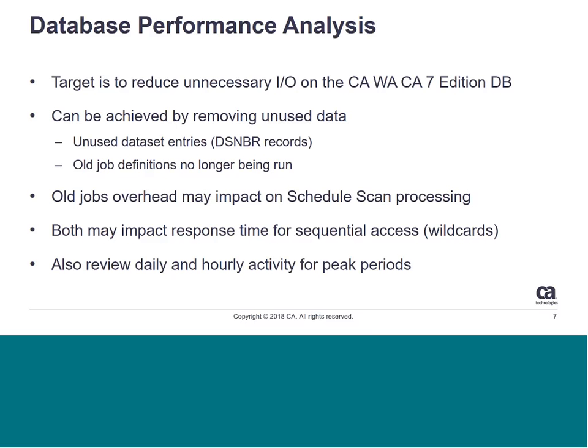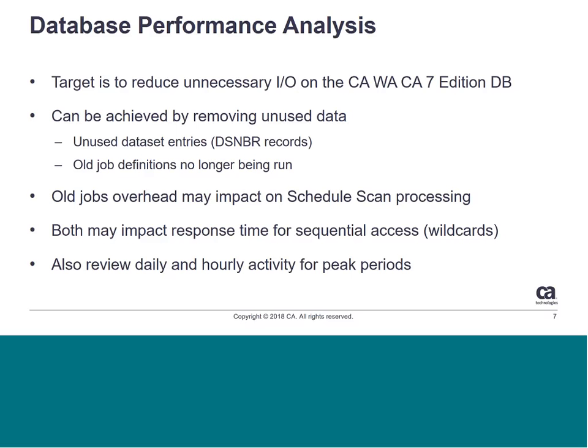I say problems, they can impact on the overhead of the system. So, for example, old jobs: whenever you run a scheduled scan, every hour, every 2 hours, whatever your SF scan options are set to, that scheduled scan will scan through every single job on the database, looking for jobs that have a schedule record.